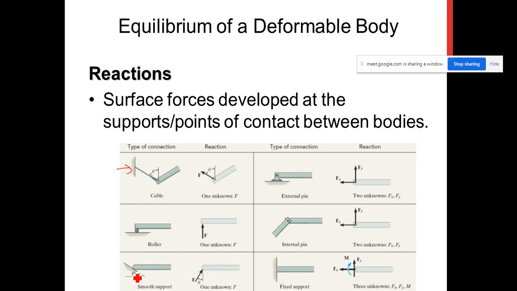If you have the roller, you can also represent the roller by one reaction force. If you have the smooth support, you also can represent it by one reaction force with a certain angle. And if you have the external pin, you will have two reaction forces, Fx and also Fy. Yang ni you akan jumpa banyak dalam solid mechanics.